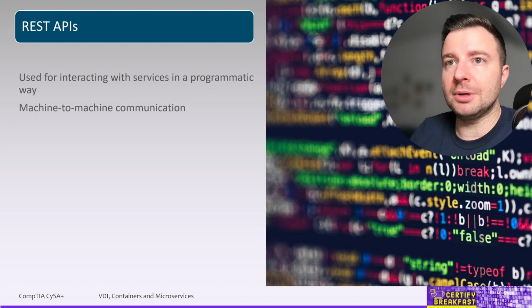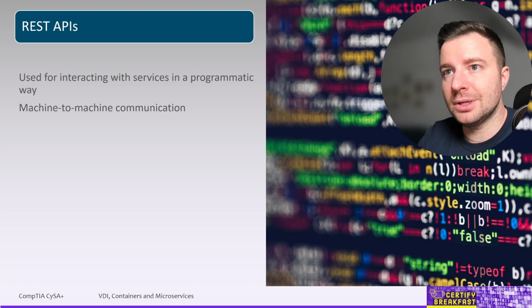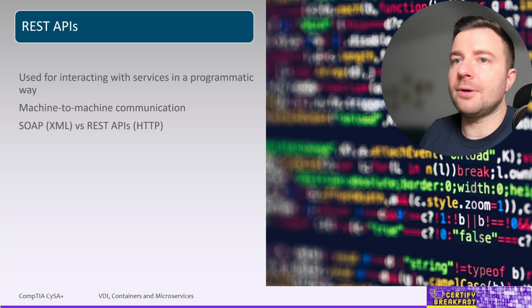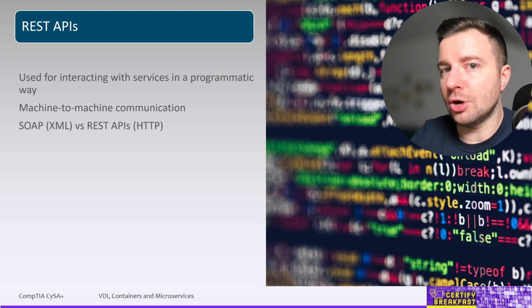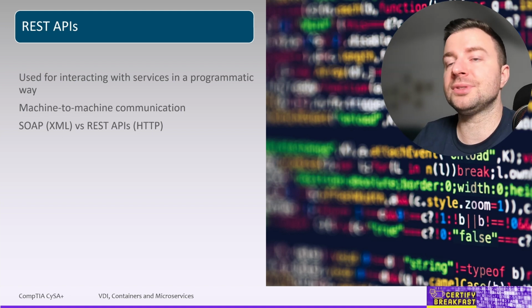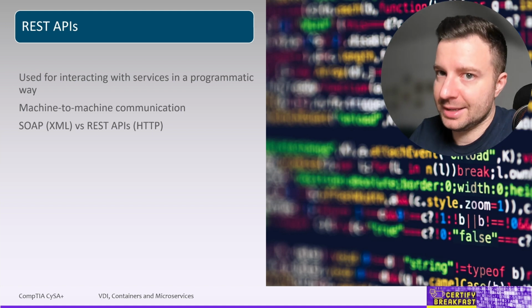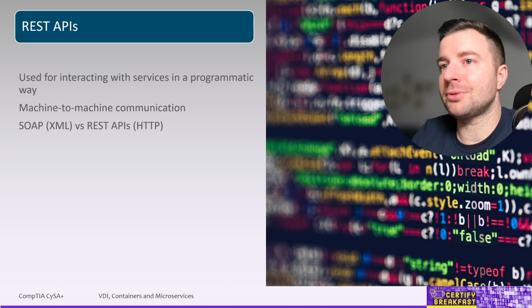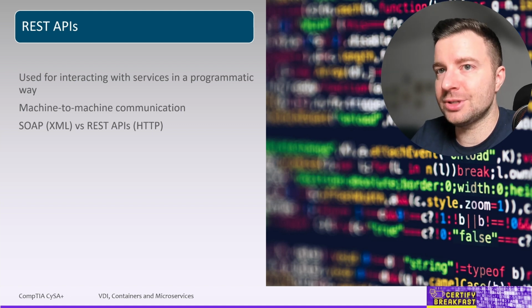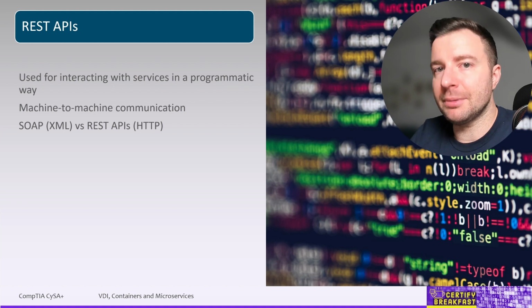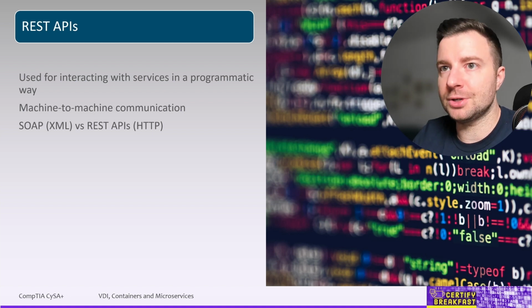Also, they're used to enable machine-to-machine communication or web services communicating to each other. Now, initially, the standard was SOAP, which was based on XML. Now we have REST APIs, which use HTTP, hopefully HTTPS, and REST stands for Representational State Transfer, which in essence, is a much simpler implementation and specification compared to SOAP.